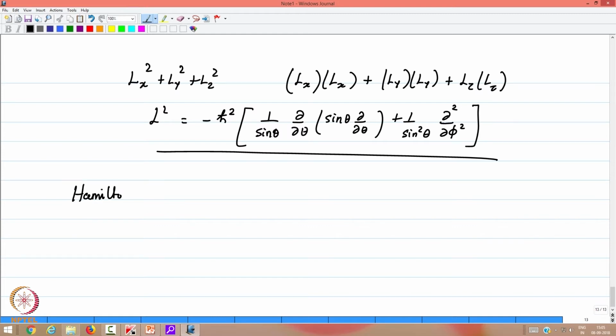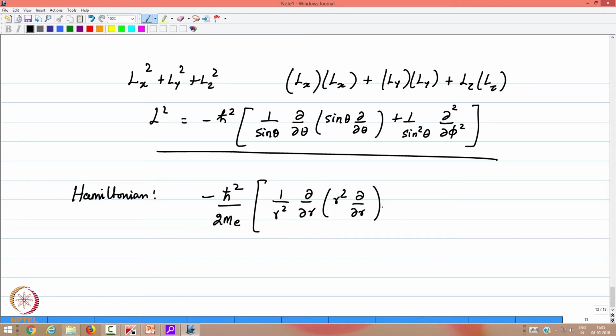They call that. There is a radial part and there is an angular part. The radial part is minus h bar square by 2me times 1 by r square dou by dou r of r square dou by dou r, plus 1 by r square sin theta dou by dou theta sin theta dou by dou theta, plus 1 by r square sin square theta dou square by dou phi square.